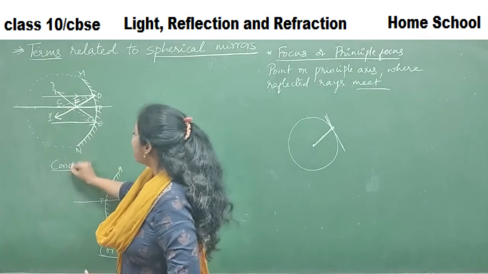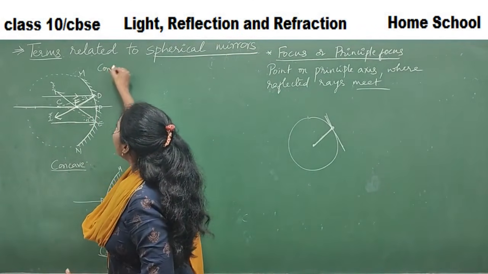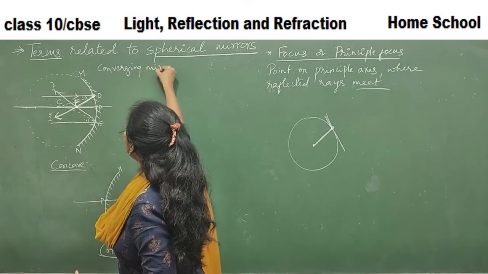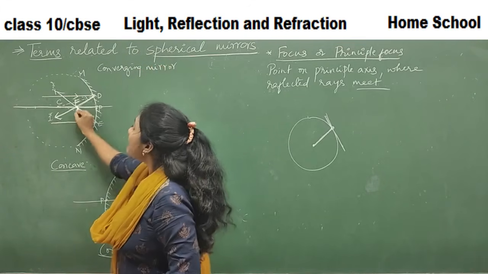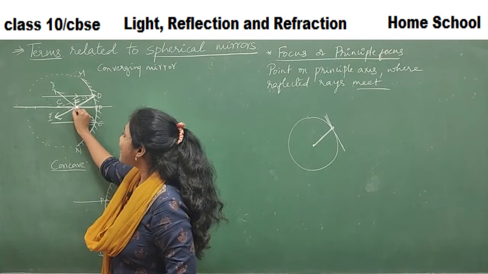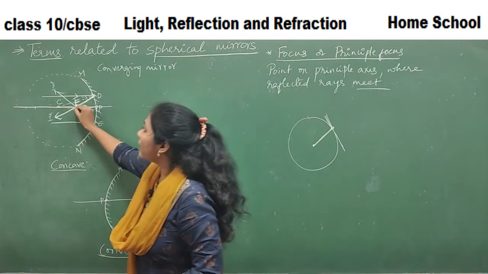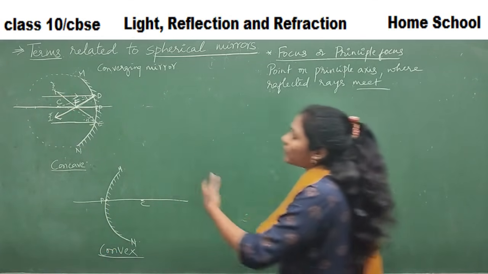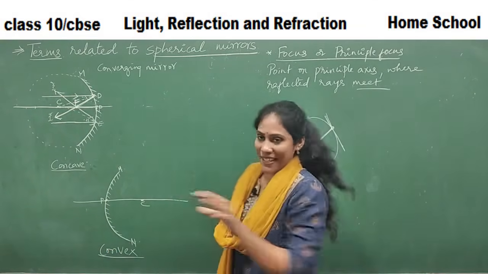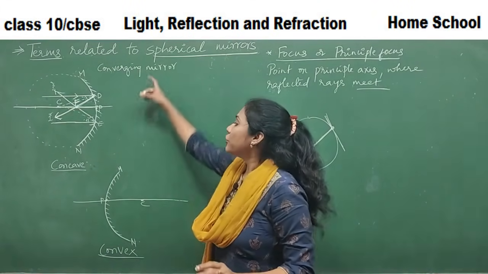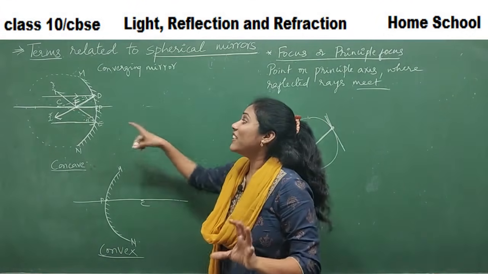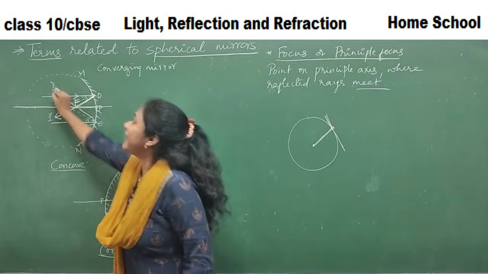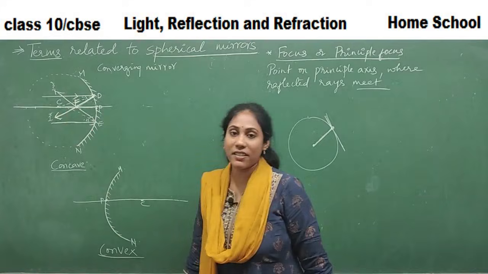So that's the reason the concave mirror is called a converging mirror, guys, because all the reflected rays are meeting at one particular point. From this point, the reflected rays pass through. The reflecting rays come and meet at this point and then go onwards from there.